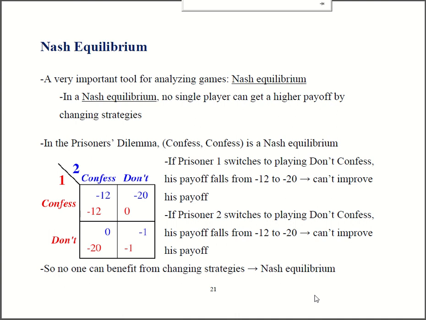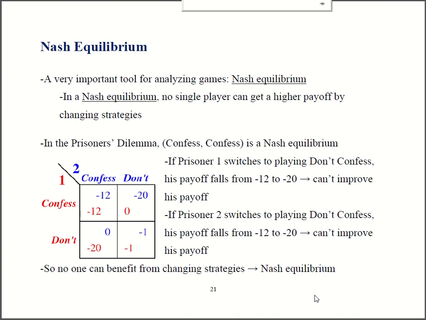So here's why the Nash Equilibrium is his big insight that revolutionized game theory. In Nash Equilibrium, no single player can change strategies and get a higher payoff. So it turns out that in the prisoner's dilemma, that outcome where they both confess, that's a Nash Equilibrium.